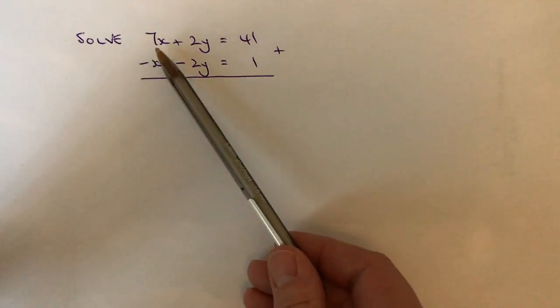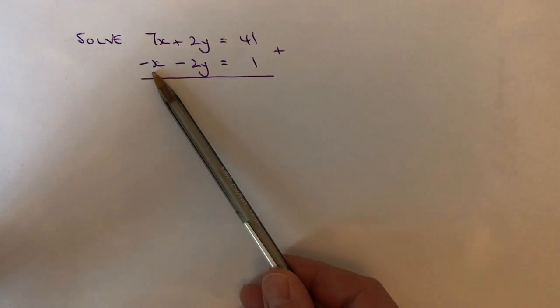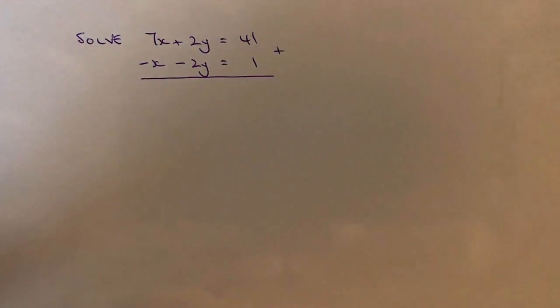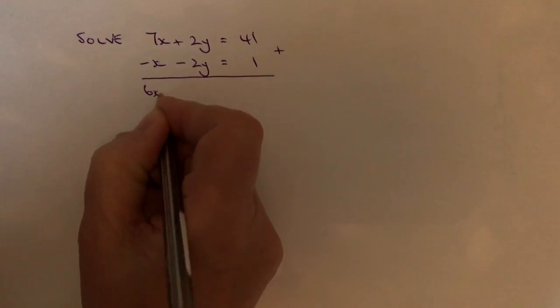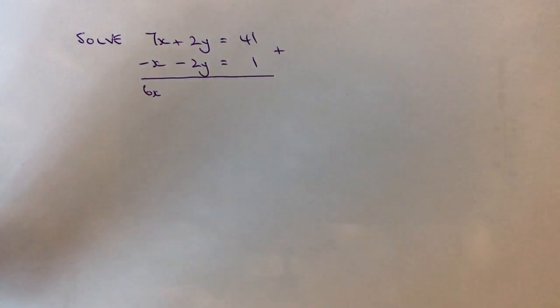The first bit is I've got 7x plus minus x. Well, that's the same as saying 7x minus x, which in this particular case is going to make 6x. Okay, let's look at the next bit then. I've got plus 2y plus minus 2y, or plus 2y minus 2y, so those two disappear.